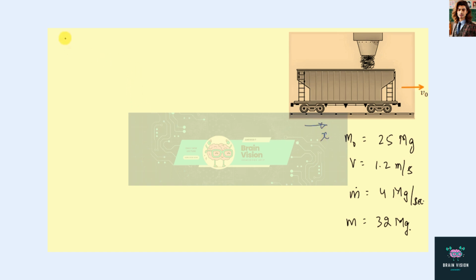So we can say that sigma Fx equals d over dt of mv. This is Newton's second law of motion, and since the car is moving at a constant velocity, the net force acting on the body should be 0. So 0 equals d over dt.